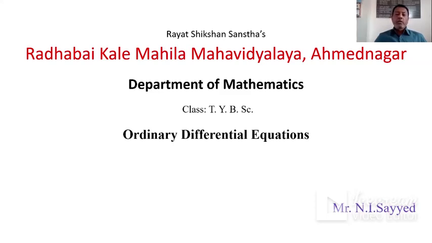Up to this, we have seen only those methods which are applicable to differential equations having constant coefficients. Now we want to see the method of reduction of order and the method of variation of parameters.